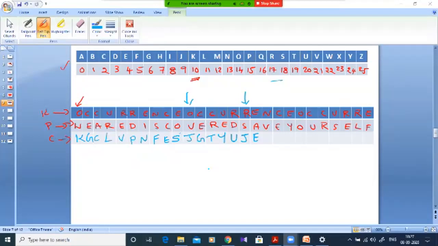Now here you may get a doubt: where have we used the modulo operation for the key? Where have we performed the modulo operation?